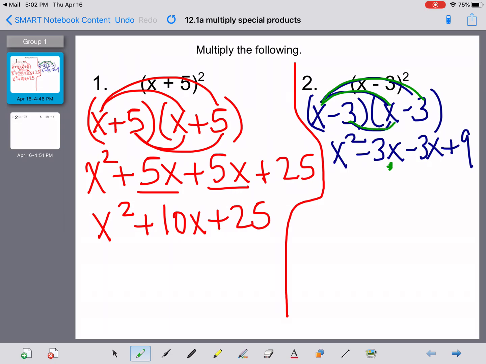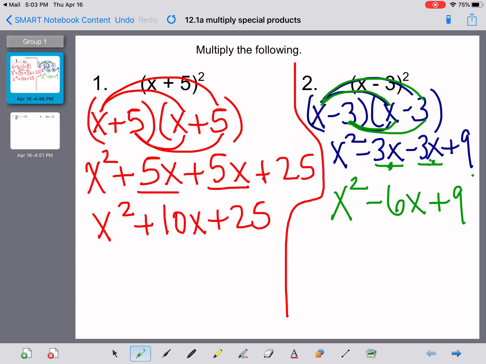Then negative 3 times positive x is why this term is negative 3x. And the last one, negative 3 times negative 3, is positive 9. So lastly, once we've done the double distributive property, we add these two terms together and we end up with x squared minus 6x plus 9.